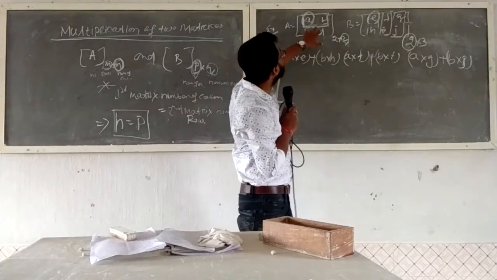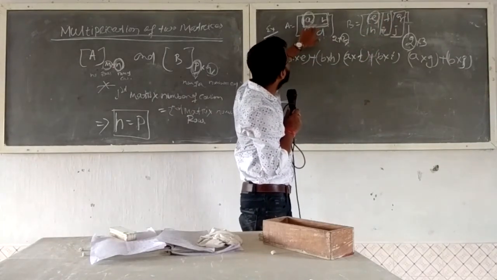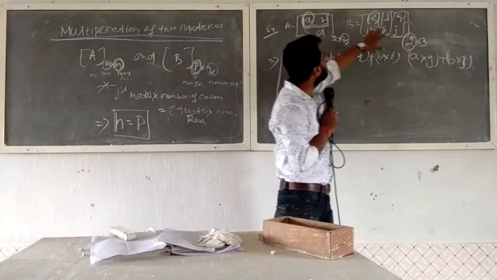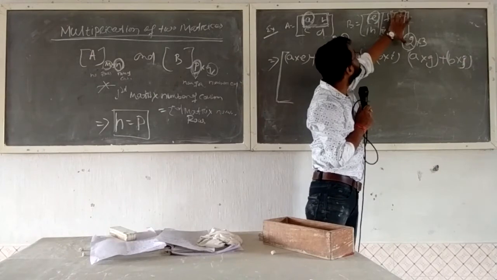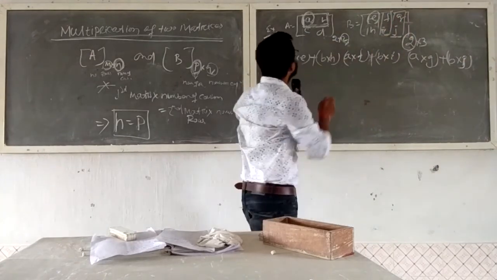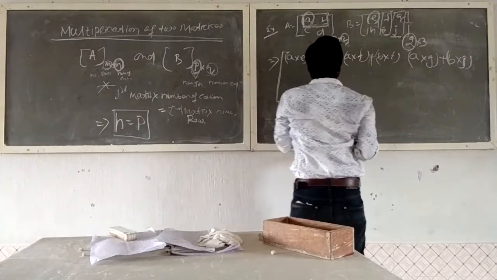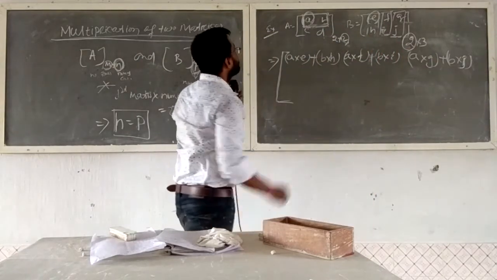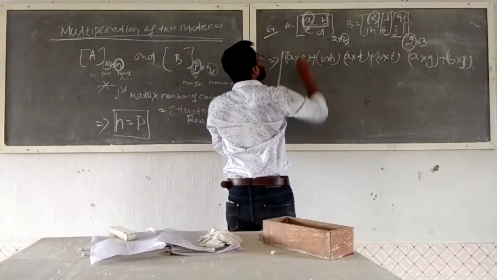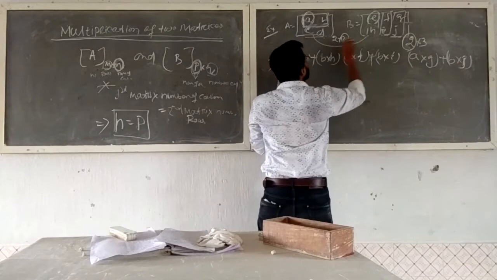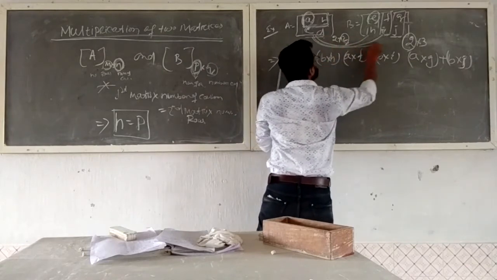Then, similarly, again the first row of the first matrix is multiplied with the corresponding elements of the second matrix's third column, like A into G plus B into J. Similarly, the second row is multiplied column-wise.